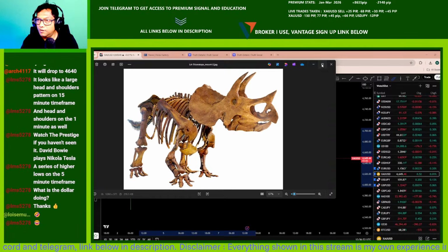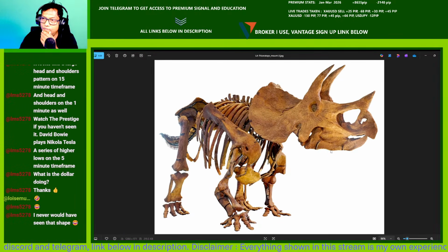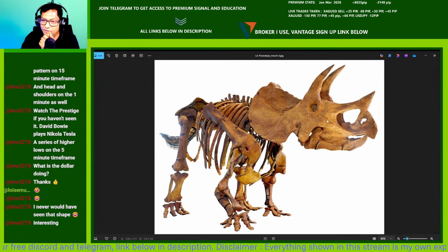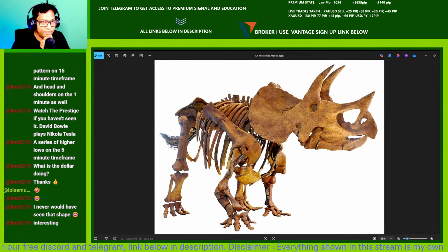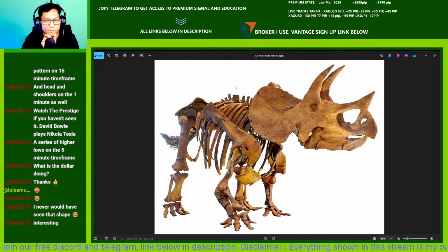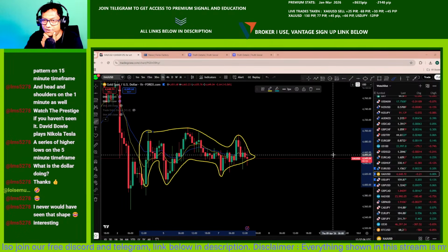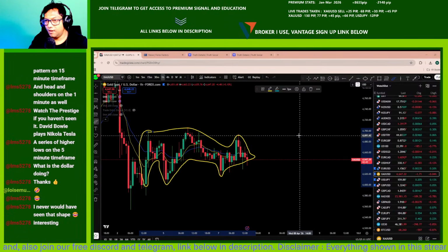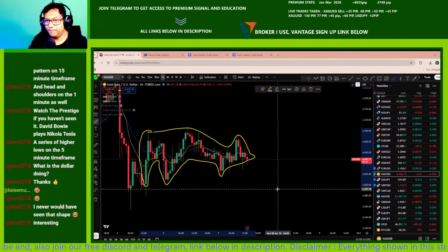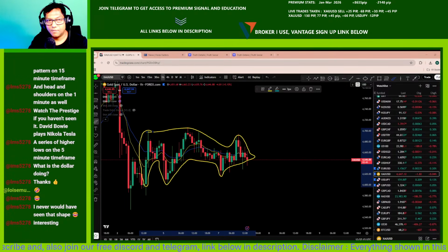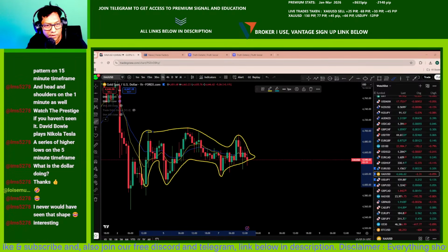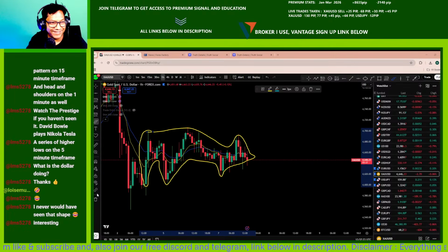So like this one here, right? Triceratops. So it is Triceratops pattern. Same way. Okay. So then, interesting.